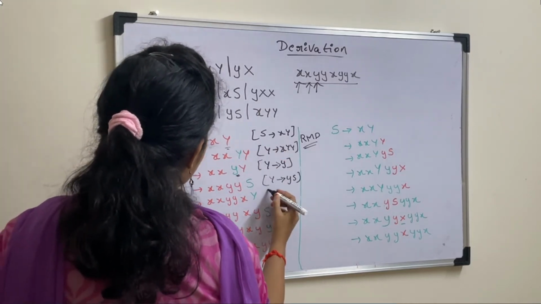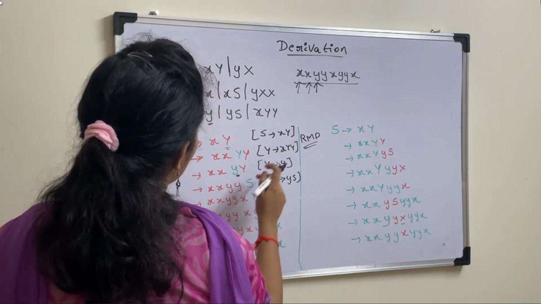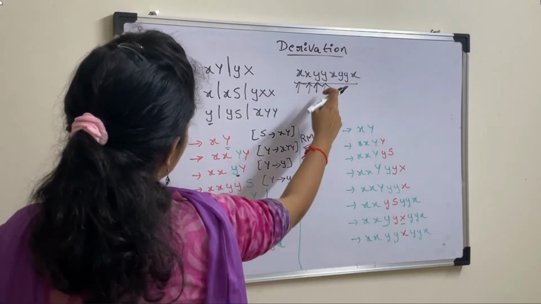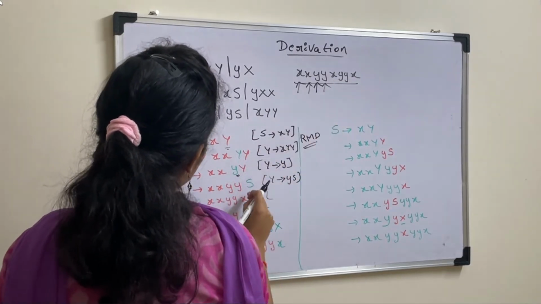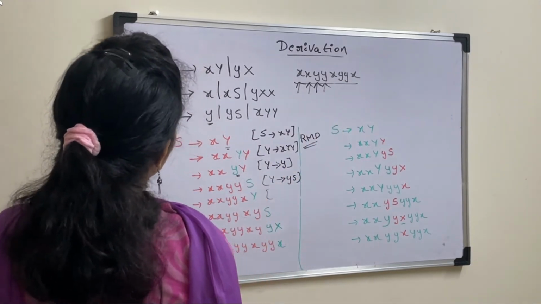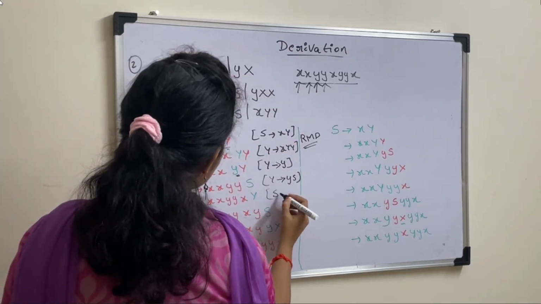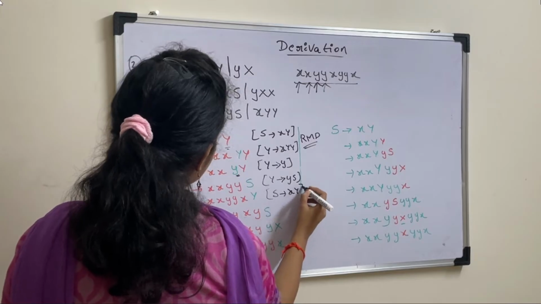After this, now we got xxyy. So in place of this S, your string should begin with x. In that way you need to consider the production for x. So we can take xy, S derives xy.